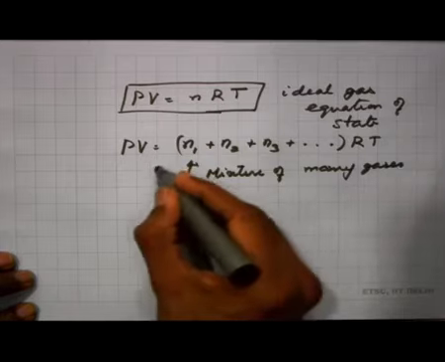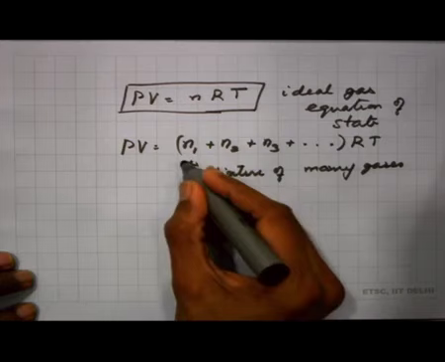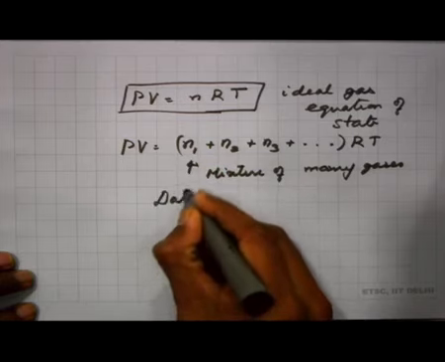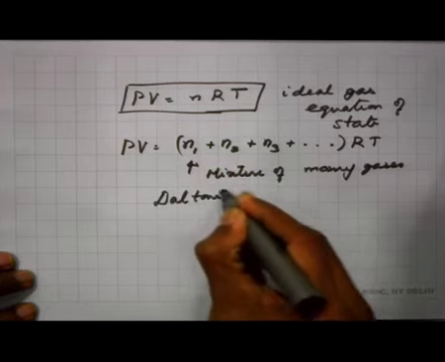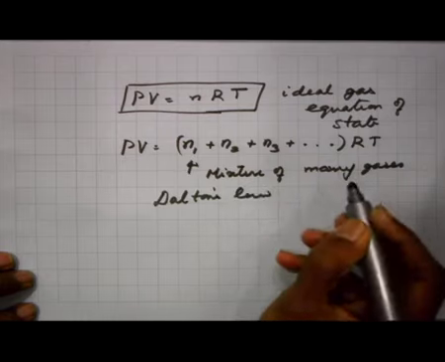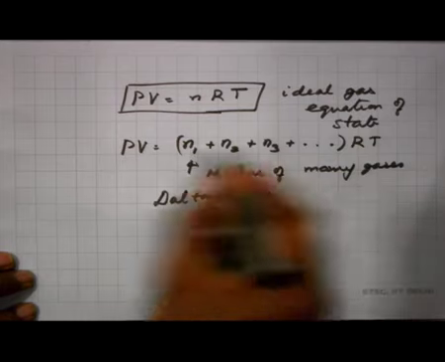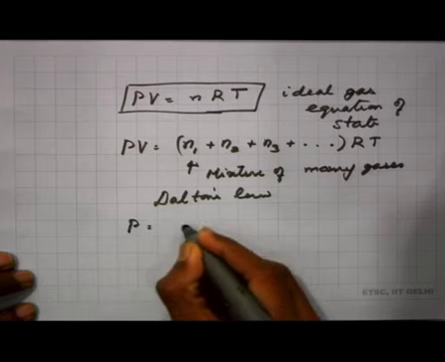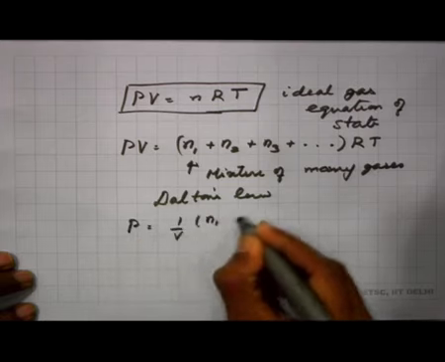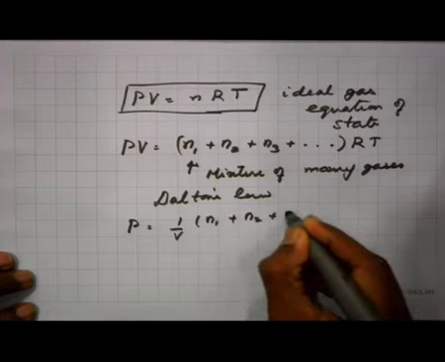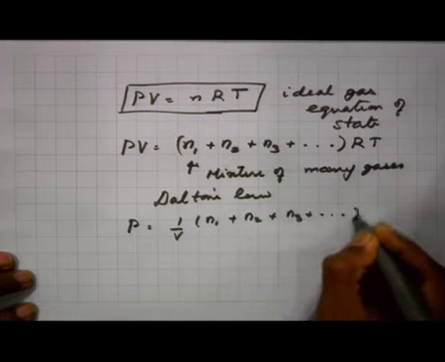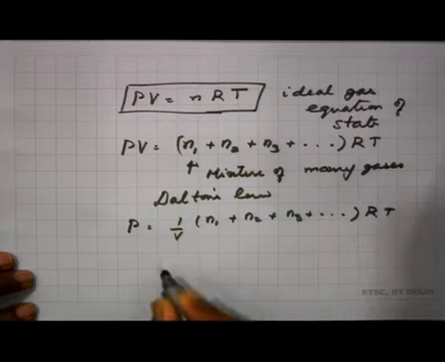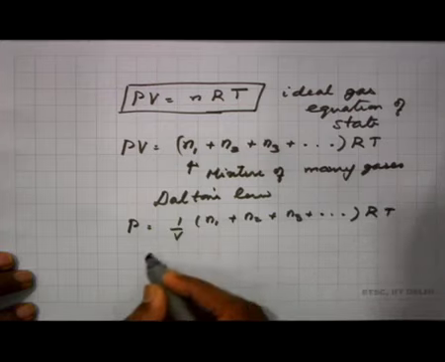And this thing here is nothing but Dalton's law. So, if I rewrite this a little bit, you could say that P is equal to 1 over V (N1 plus N2 plus N3 plus dot dot dot) RT, and each of these contributions.